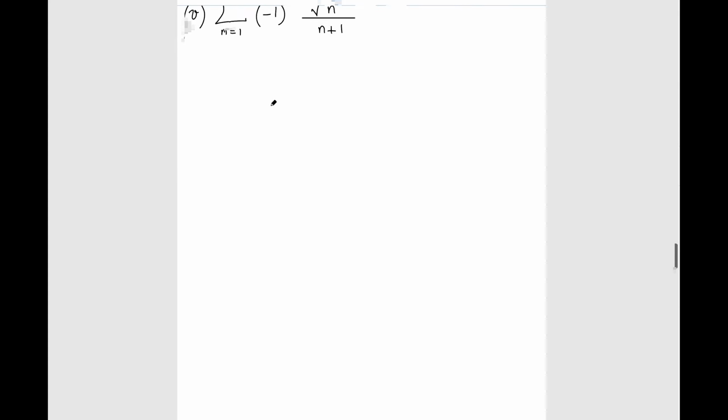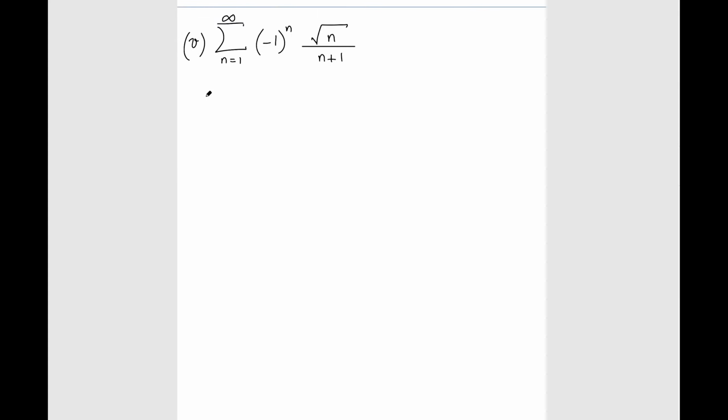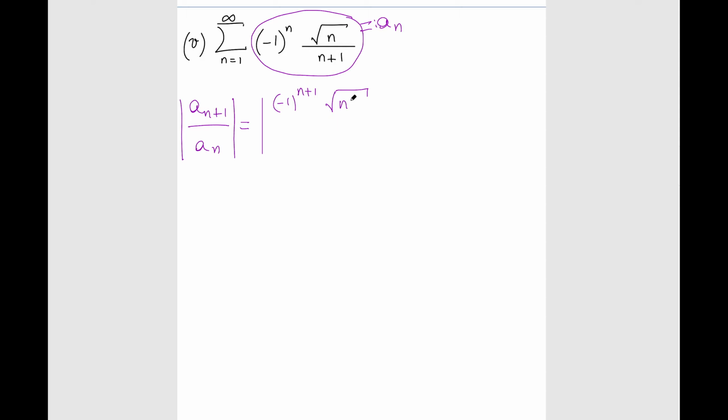All right, number 5, the last problem in this set of problems. This is an alternating series, and since we're running the ratio test, let's run it again. So this is a_n. So a_(n+1) over a_n, the absolute value of this quotient, is equal to the absolute value of (-1)^(n+1) times square root of n+1 divided by n+2 here, right?